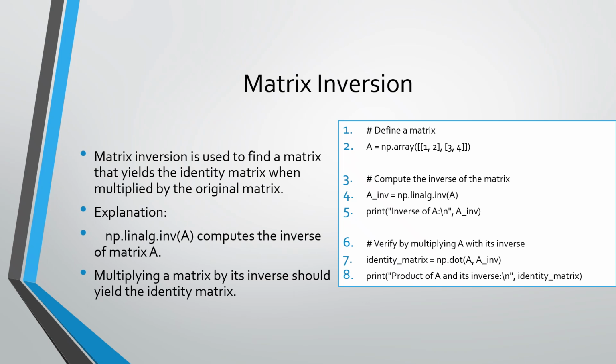Now we will discuss matrix inversion and how to implement it using NumPy. Matrix inversion is used to find a matrix that yields the identity matrix when multiplied by the original matrix.